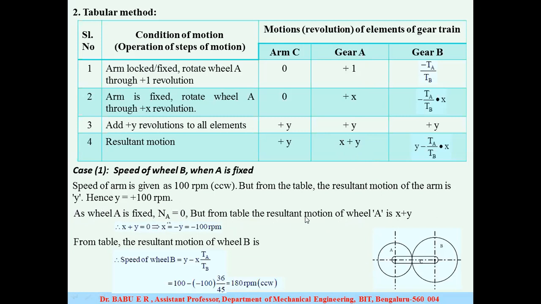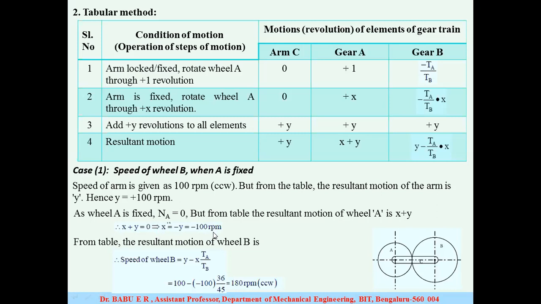From the given data, it is 0. Therefore, x plus y must be equal to 0. This implies x is equal to minus y. You know the value of y. y is 100. So the value of x becomes minus 100 rpm.